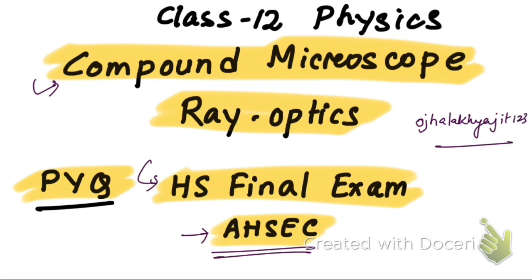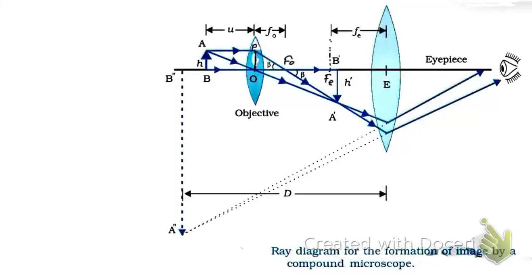So now let's start. This is the ray diagram of formation of image by a compound microscope that is given in the NCERT. Here AB is the object. Let me write what I have considered here.